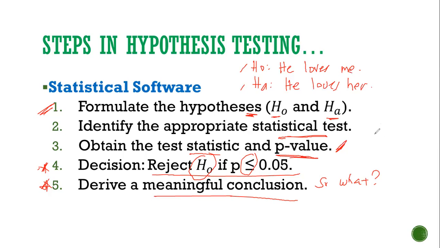So, kunyari, lumabas na yung p-value mo is 0.03. Let's say 0.03 is less than 0.05, tama? Less than siya. So, i-reject mo yung null. You will reject this. And you'll come up with this. He loves her. What's next? What can you draw out from that?